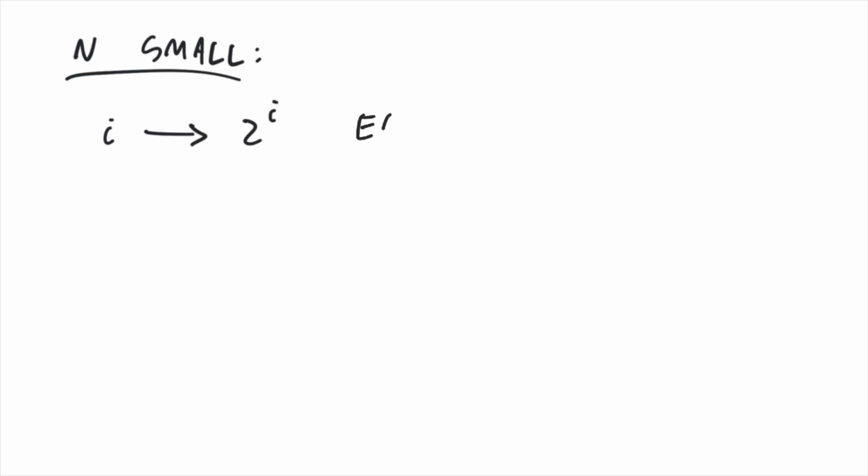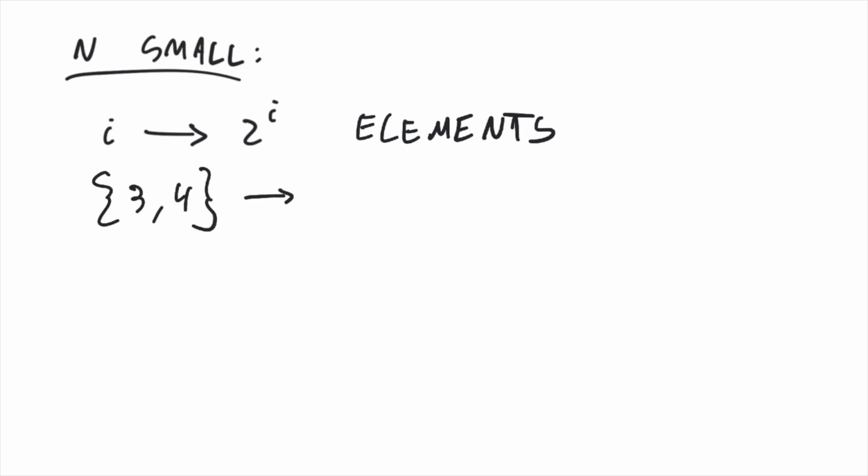Now, if n is small, it's not hard to think about such a data structure. Basically, you can assign to the element i the value 2 to the i. So this represents elements, and to represent a set, for example 3, 4, you represent it with a binary number that has ones in the positions of the elements that are there.